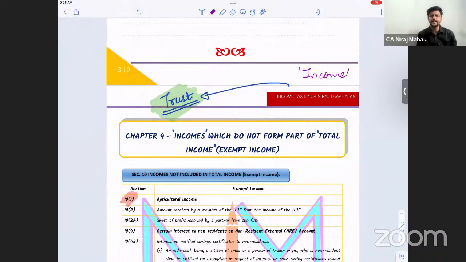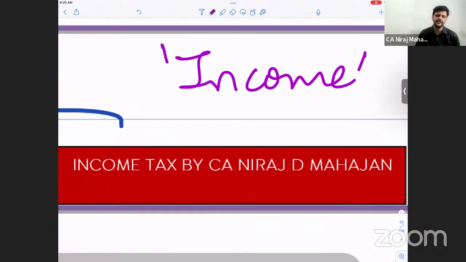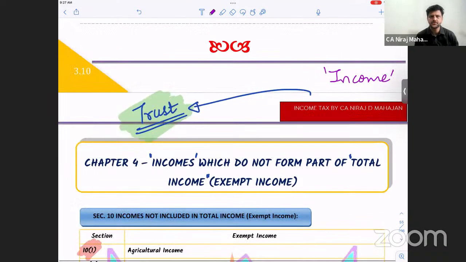The income tax department is waiting for you to earn income, isn't it? As soon as it is income, wow, they are happy. It should be shown in the income, right, everybody? But this chapter which we are going to do is a kind of problem or enemy of the department.